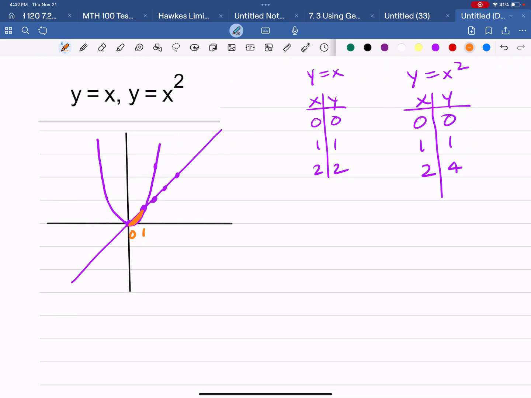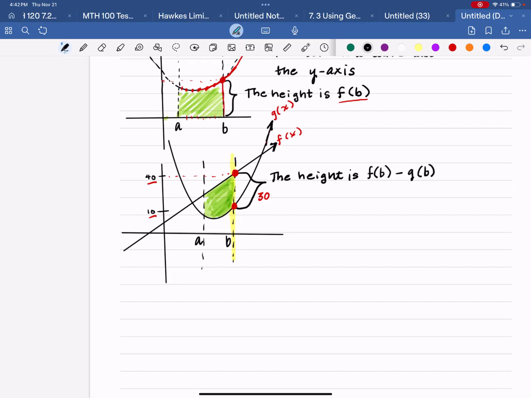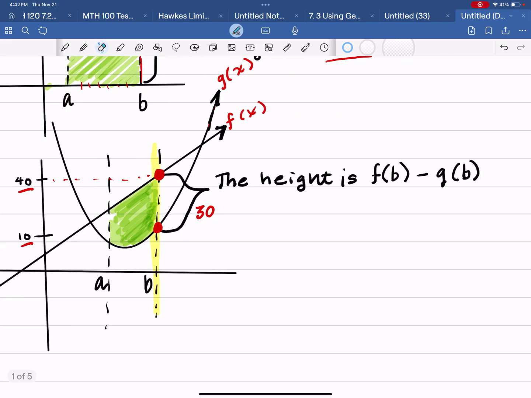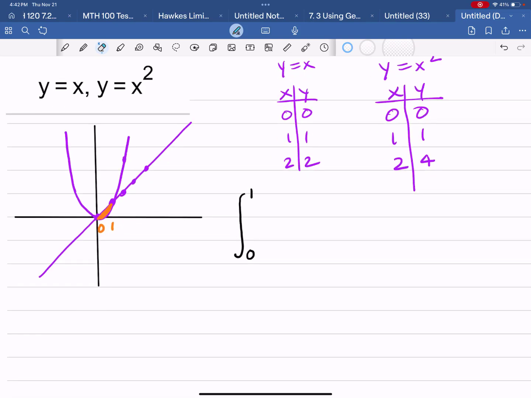So we're going to do the integral from 0 to 1. And remember, just like over here, we have to take the top function minus the bottom function. So our top function is the line, and our bottom function is the curve.